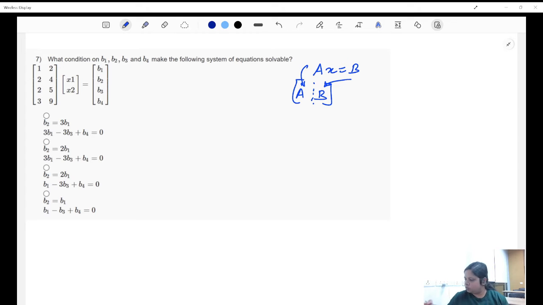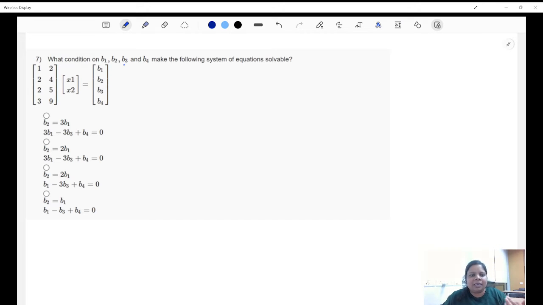So we'll be doing the same thing. What we actually want is some condition on B1, B2, B3 and B4 to make the system of equations solvable. Solvable as in we get some set of equations. From the options also you can guess that we want some set of equations coming from this matrix. So how will we get that?